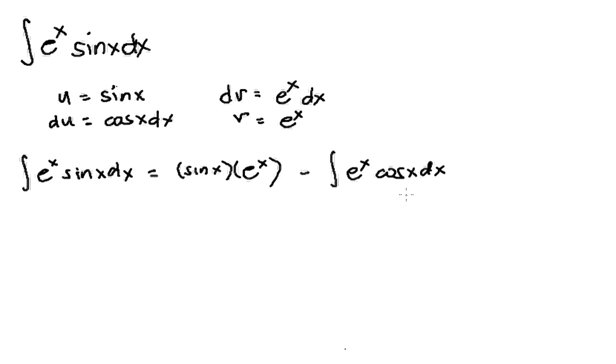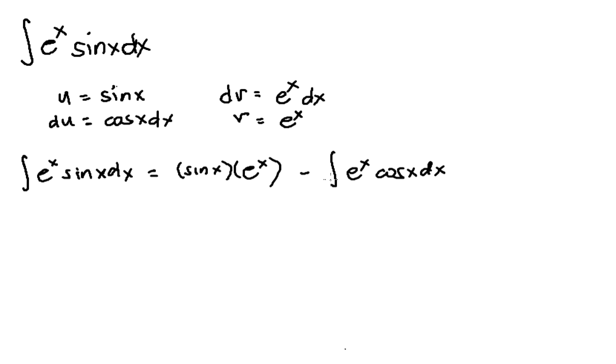It seems like they are of the same difficulty to integrate as our original integral. It is not more complex, but they are in a somewhat similar condition to our original equation.